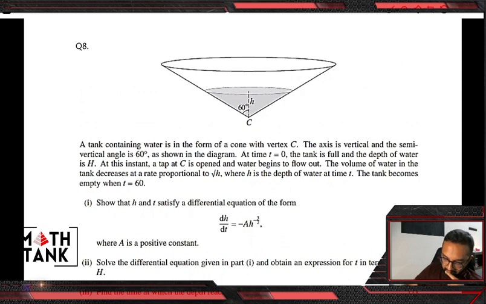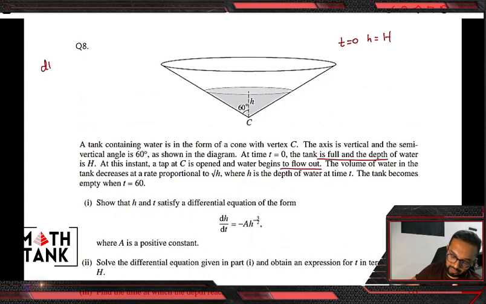Okay, again, I have to go back and look at the information. The axis is vertical and the semi-vertical angle is this. At time t0, the tank is full and the depth of the water is capital H. So t equals 0, h equals capital H. It's a constant. At this instant, tap C is open and water begins to flow out.